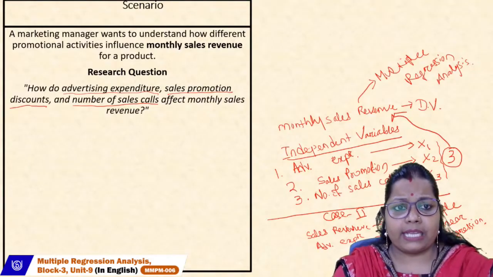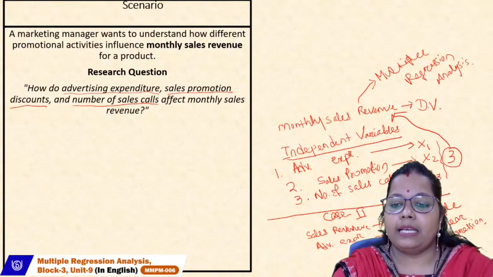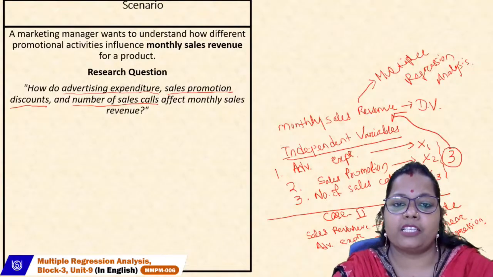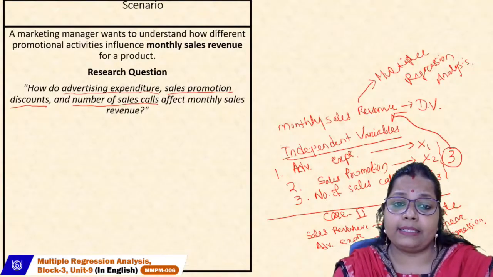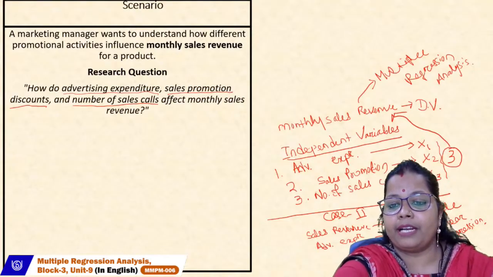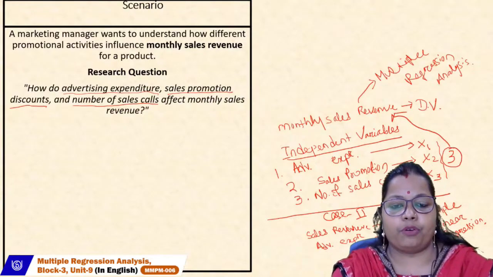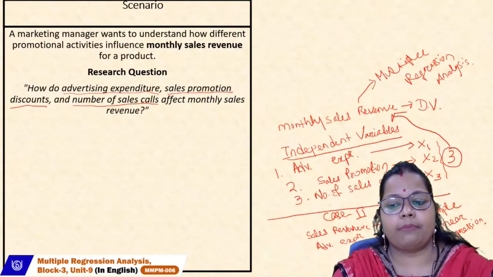In this particular situation, I have three different variables: advertisement expenditure, sales promotion, and number of sales calls. So while collecting the data for this problem, I will definitely focus on the advertisement expenditure, then I will go for the sales promotion data, then number of sales calls.